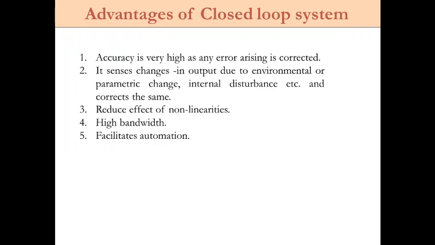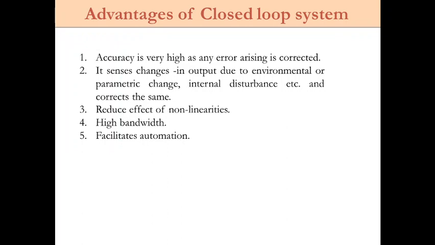Now coming to the advantages of closed loop system, the first one is accuracy is high as any error arising is corrected. Whenever there is a disturbance or a change in the parameter of any of the parts, it may not give you the desired output; the output may deviate from the required value.